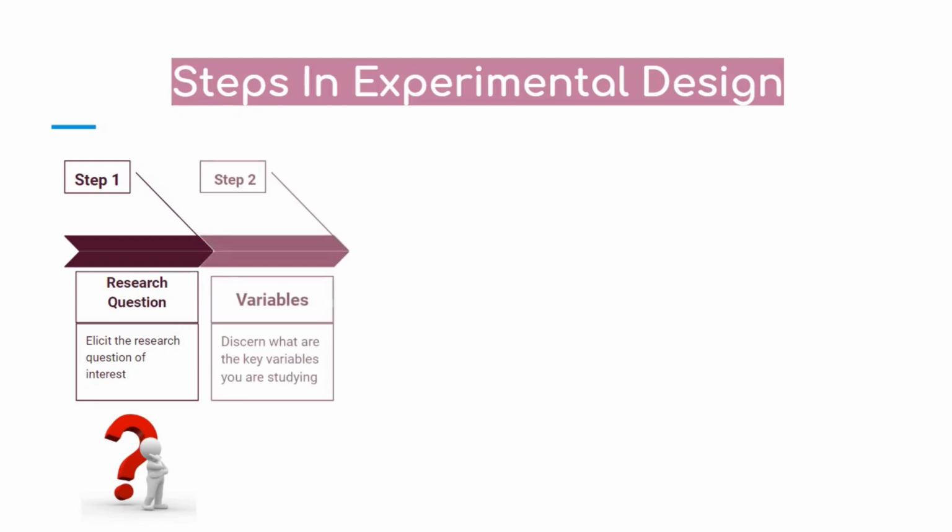Moving on, the second step in experiment designing is eliciting what the key variables of interest are that your research study and your research question focuses on. Now, variables are anything that vary or change over time, and our focus in an experiment is to discern, analyze, and study these changing variables.